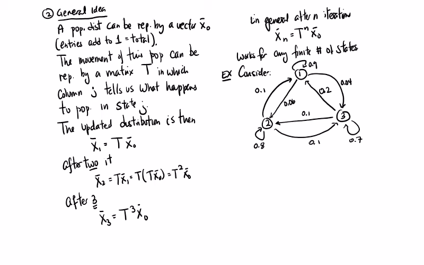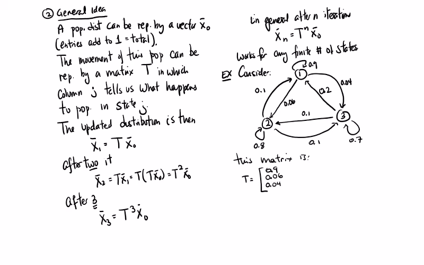So the matrix for this picture is very simple. I look at state 1 and if you're in state 1, there's a 0.9 probability that you stay in state 1, 0.06 that you go to state 2, and 0.04 that you go to state 3.